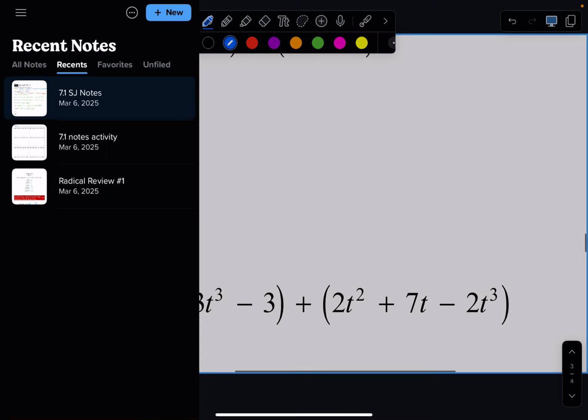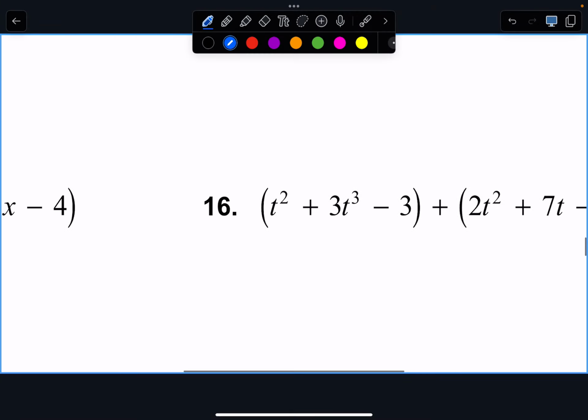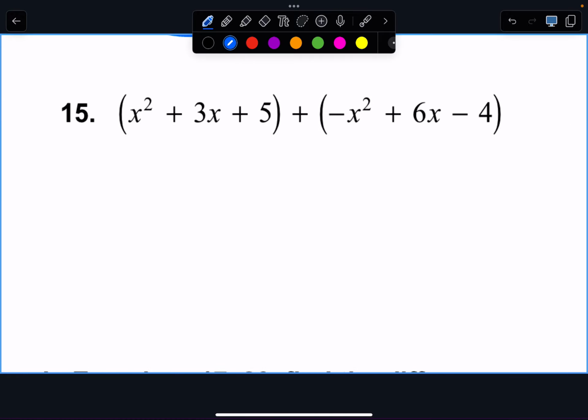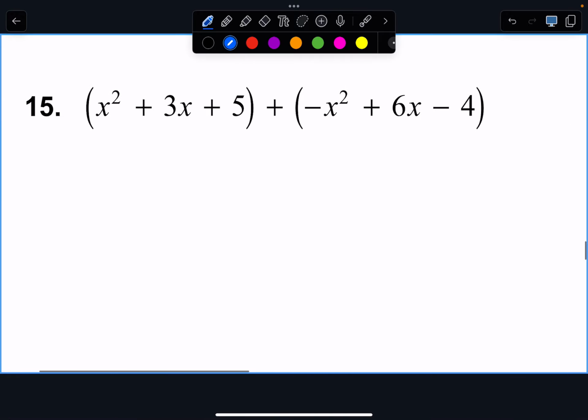So, you know what? Let's go to number 15. Okay? We are adding two trinomials together, both of degree 2. I'm just going to ignore these parentheses.